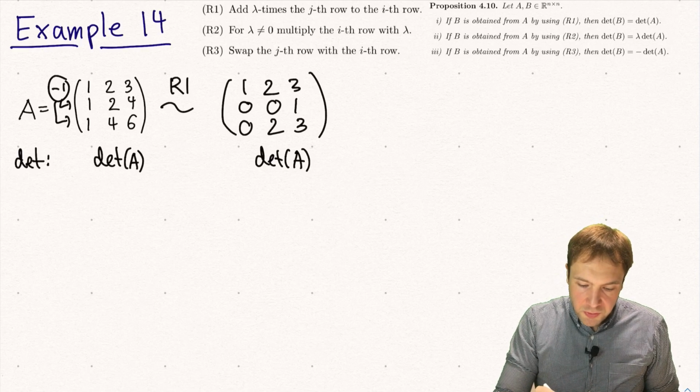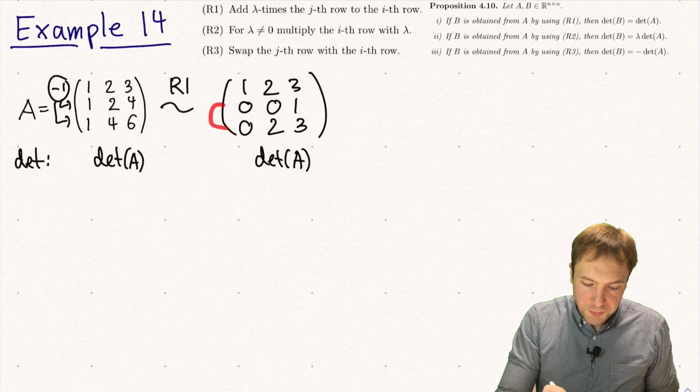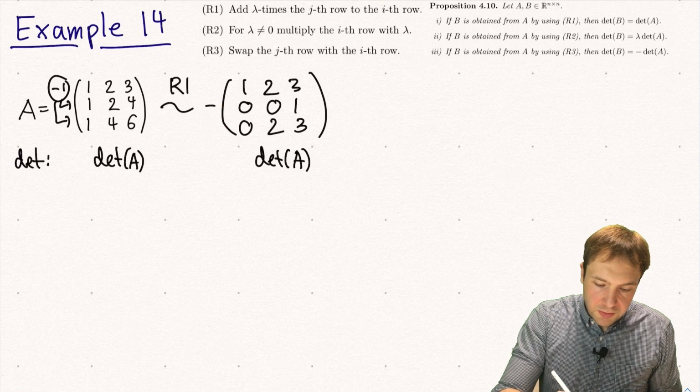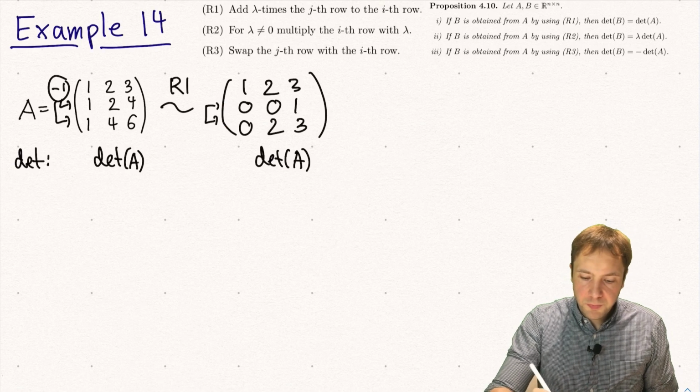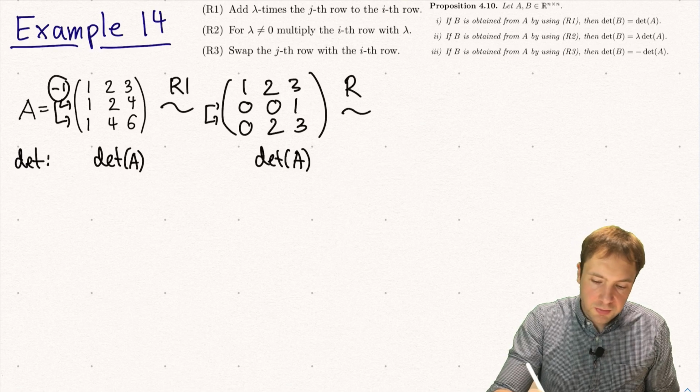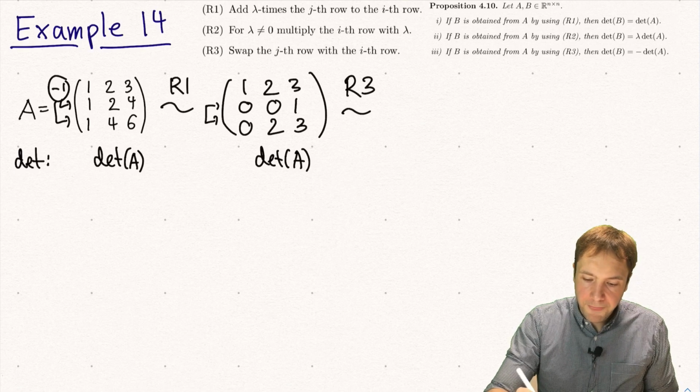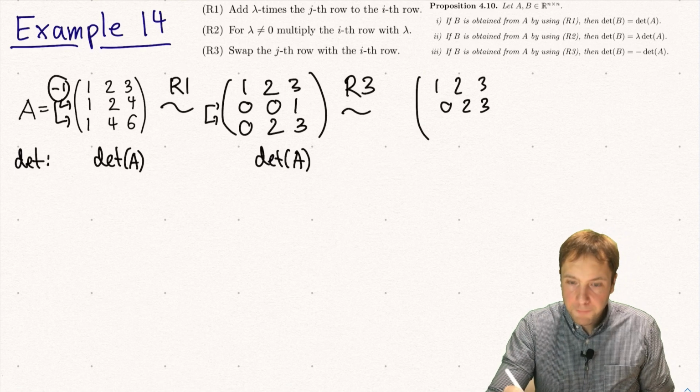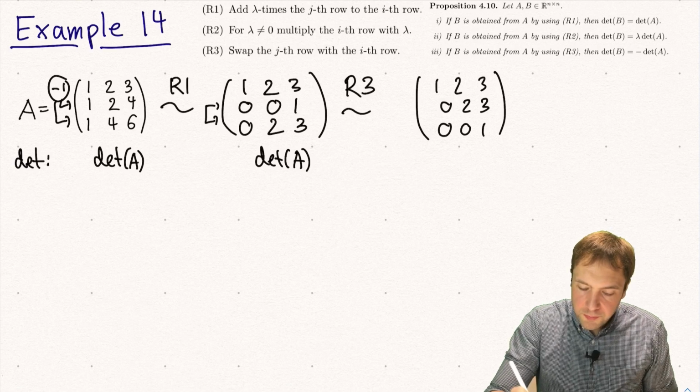And now what we want to do is swap these two rows. So we swap them. So what we do is R3. So this will give the matrix 1, 2, 3, 0, 2, 3, 0, 0, 1.